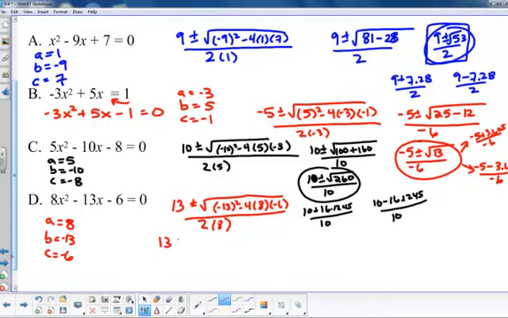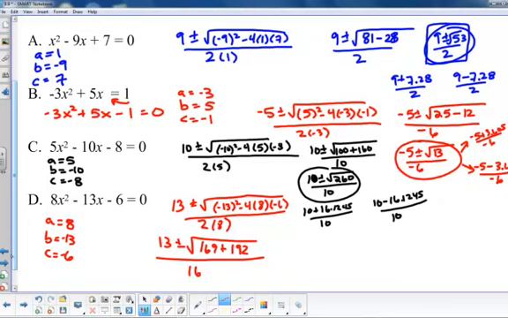So 13 plus or minus square root of 169 minus 4 times 8 times 6 is 192. It's actually a plus because of the two negatives. All over 2 times 8, which is 16.